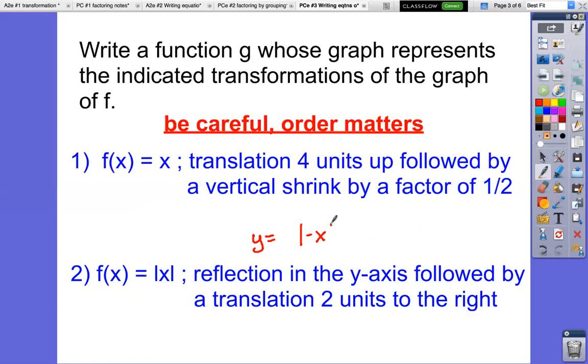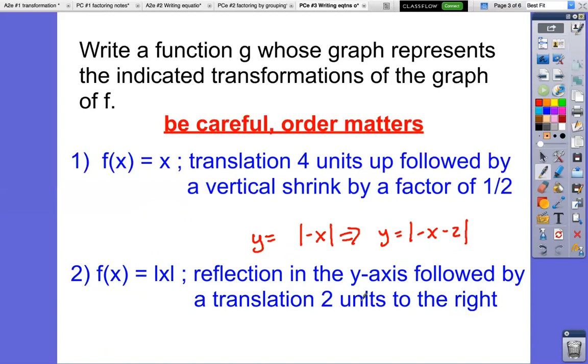So that's the very first step. The next one, now, once it's reflected, now followed by a translation to the right. So I've just reflected it. Now I need the translation. So 2 to the right would be -2. When I tell you that order matters, I want you to be extremely careful.